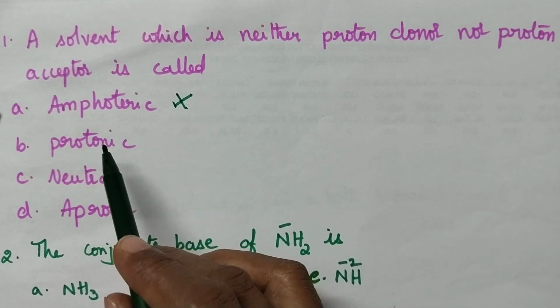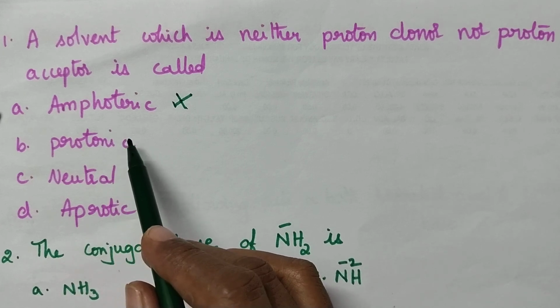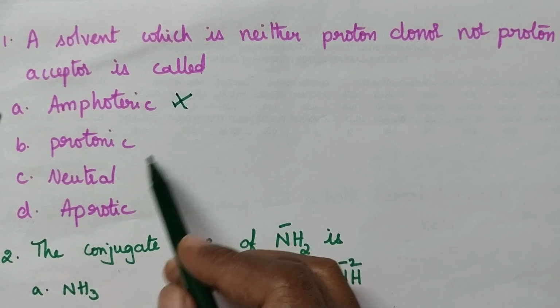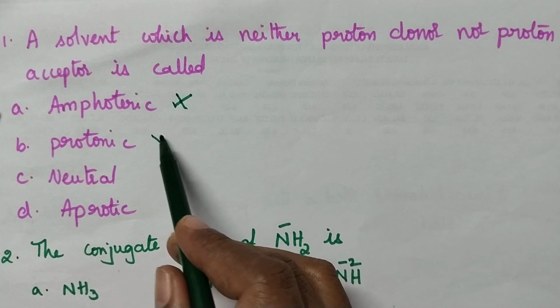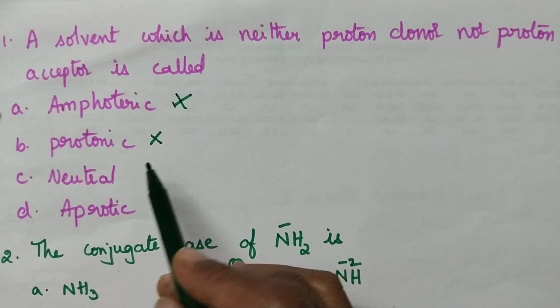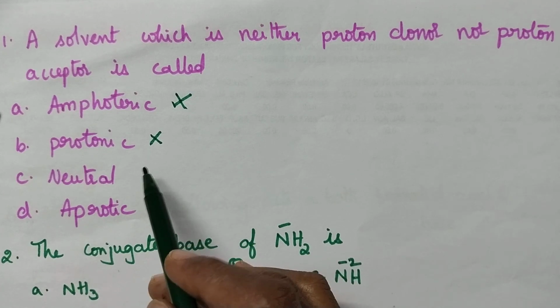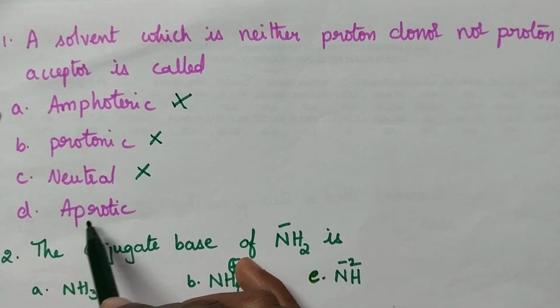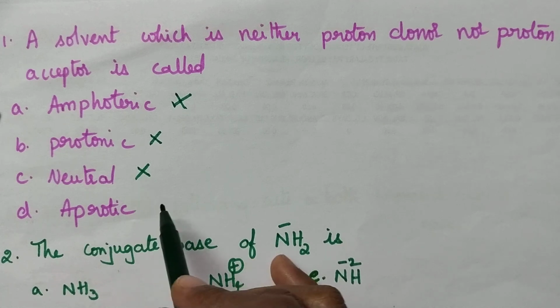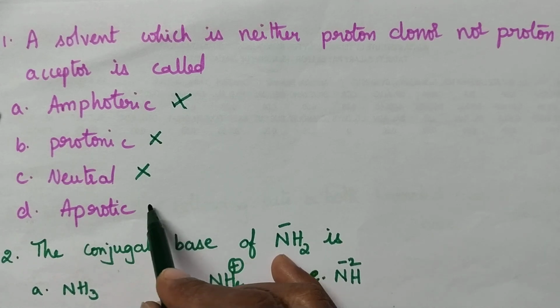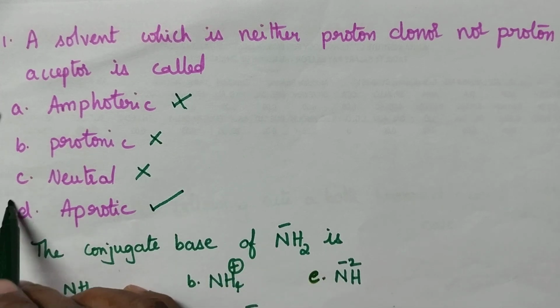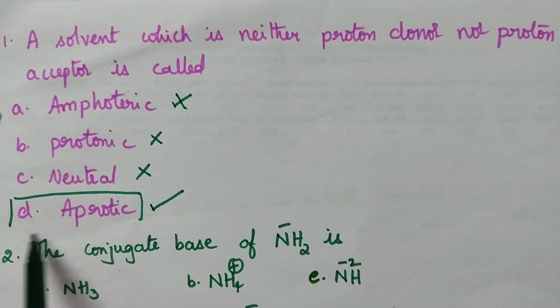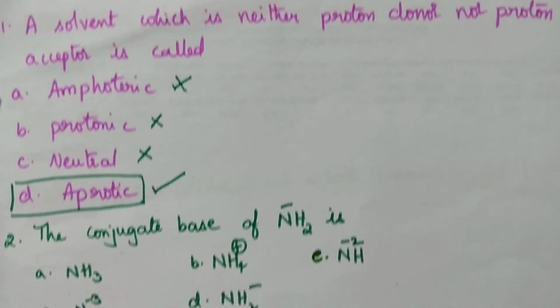Coming to the second option, protonic means it is capable of donating a proton. Neutral means it is not an acid, not a base. Coming to the fourth option, aprotic means it neither accepts a proton nor donates a proton. So here option D is the right answer.